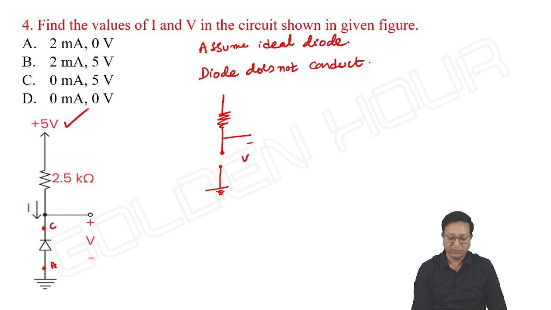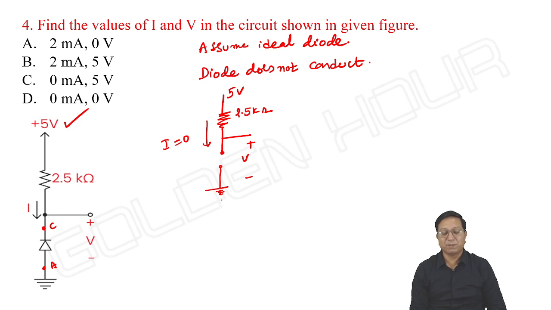V is the voltage across the diode from cathode to anode. Once the diode is open circuit, is there any scope for the current to flow through? No. The current is simply 0. And what about the voltage V? Cathode to anode voltage should be positive, then only the diode is off.